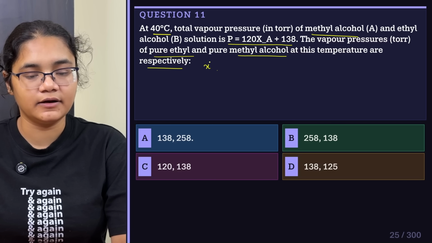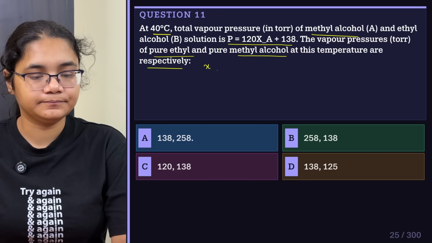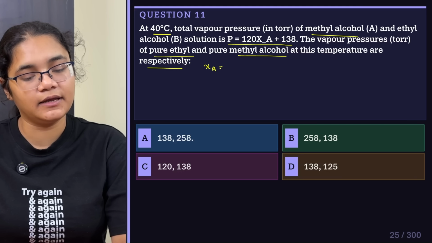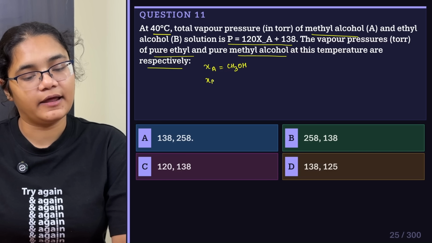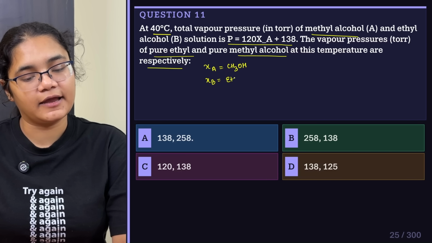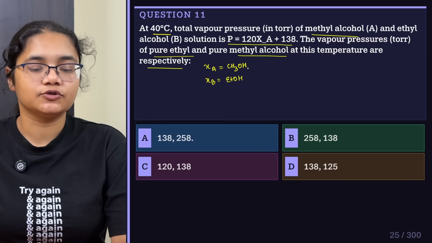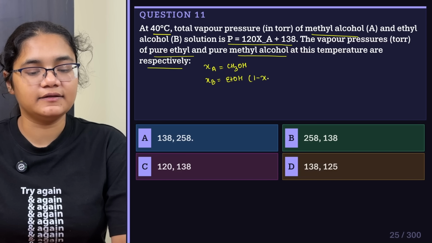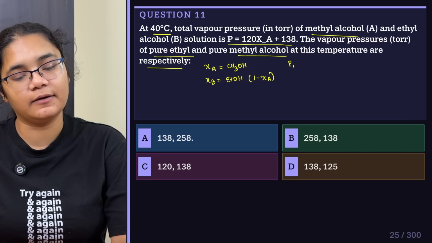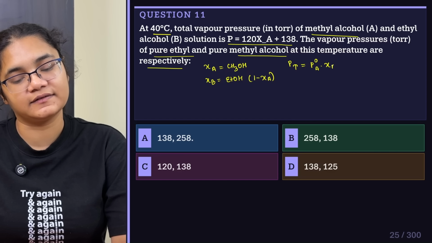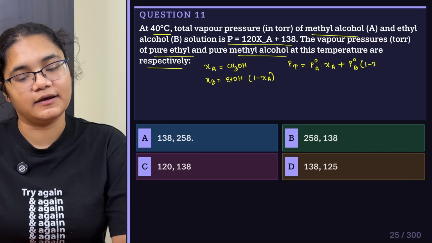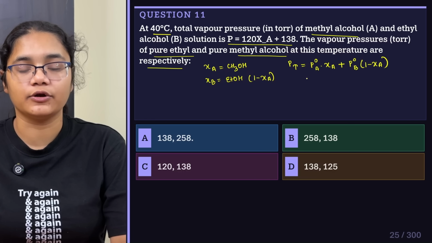Let XA be methyl alcohol, and then XB will be ethyl alcohol, so this will be equal to 1 minus XA. Now I can write P total is equal to P naught of A into XA plus P naught of B into (1 minus XA), according to Raoult's law.